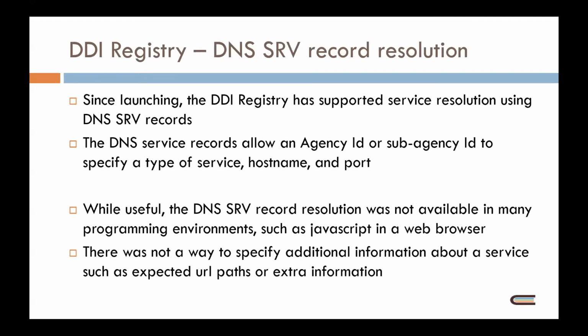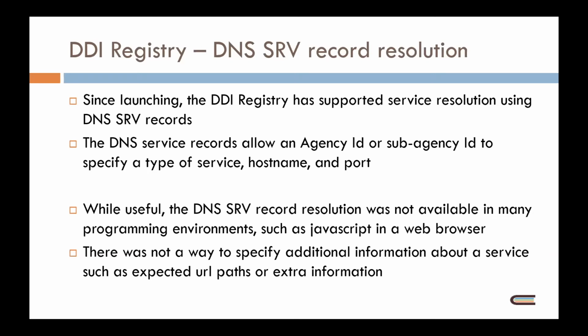Since launching, and through all those iterations, the DDI registry had always had DNS service record-based resolution. What DNS service records allow is for people to use the DNS system to look up an agency ID or a sub-agency ID and find out what services are provided.